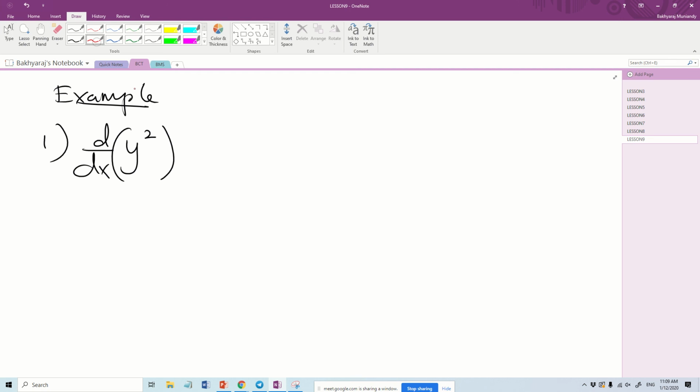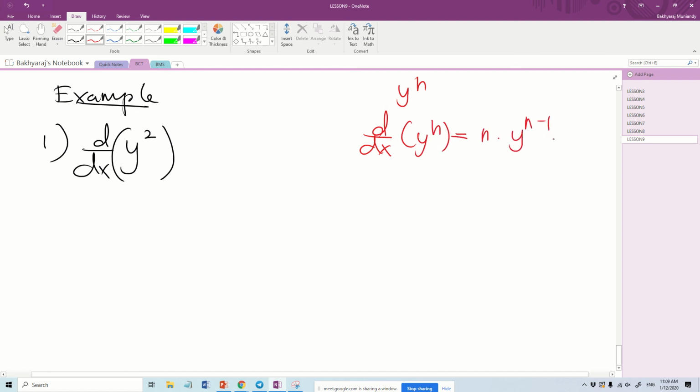Okay, get the formula back. What is the formula? When you have y power of n, so d dx y power of n will give you n dot y power of n minus 1 dot dy dx, meaning that mesti kena dapat dy dx belakang.